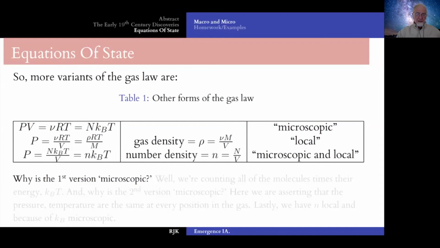So it gives you some insight into the microscopic physics of the gas. The second one is to look at P equals nu RT over V, or you can again take rho being the gas density times the gas constant times the temperature divided by the molar mass. And so the gas density is the number of moles times the molar mass divided by the volume.